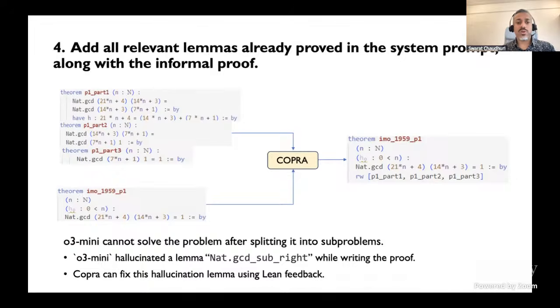Now it turns out that the Lean feedback here was also really important, because at least with O3 Mini, what we found is that there were hallucinated lemmas and so on. The grounding that was provided by the Lean theorem prover was absolutely critical to solve this problem.